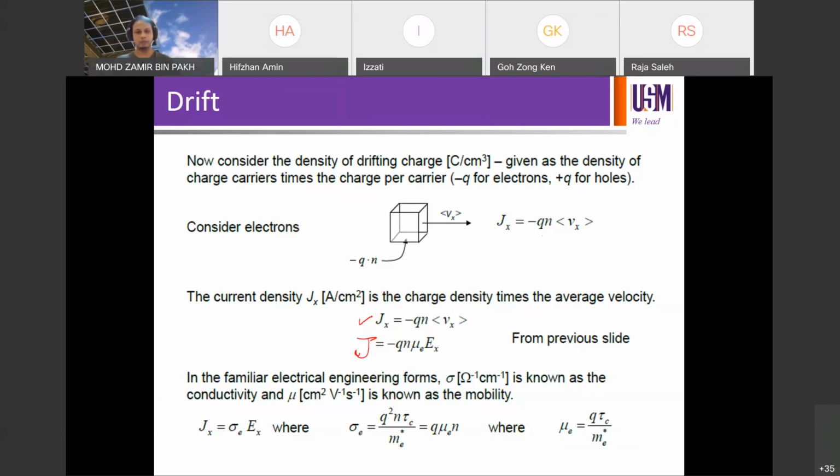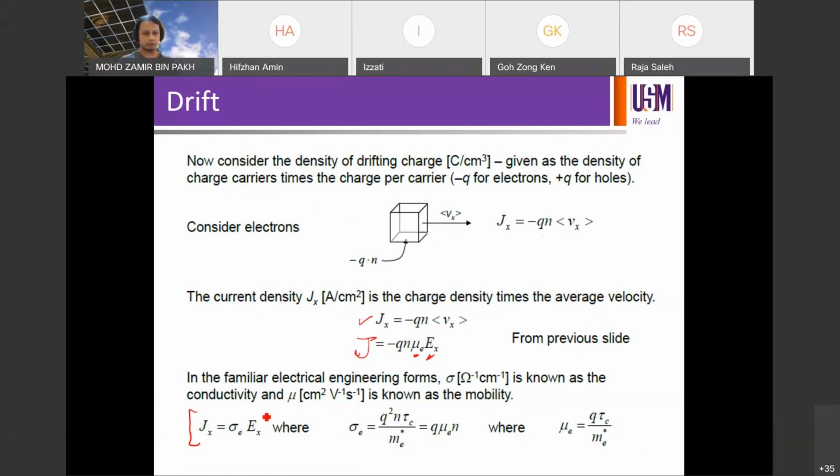The current density due to the drift component is given by J equals negative q n mu E. q is the electron charge, n is the electron density, mu is the mobility of electron, and E is the electric field. The electric field supplied to the system in order to induce the drift.